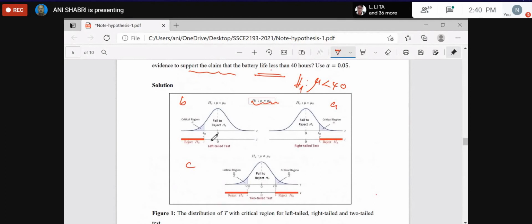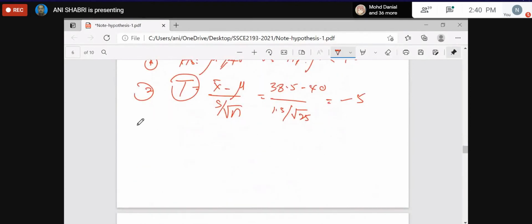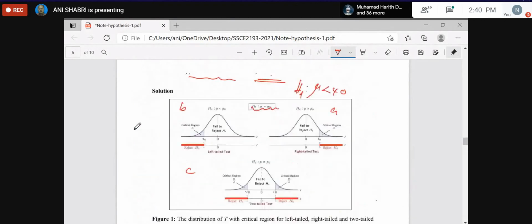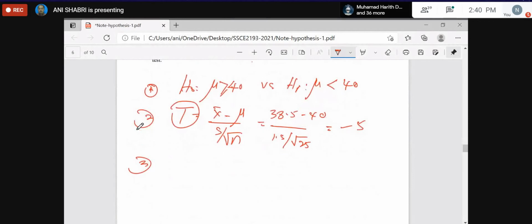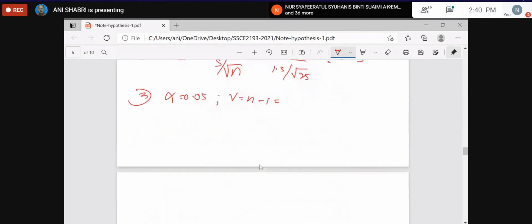For this one, the region is on your left, negative. Alpha for this one does not need to be divided by 2. Alpha is still 0.05. For the T distribution, you must use v equal to n minus 1, and for this question, n is equal to 25.